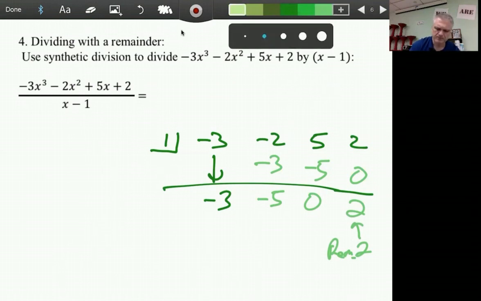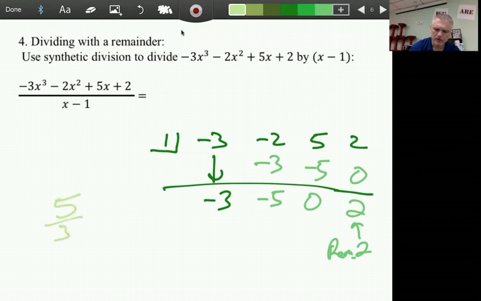We had like 5 divided by 3, and we wanted to divide it out.